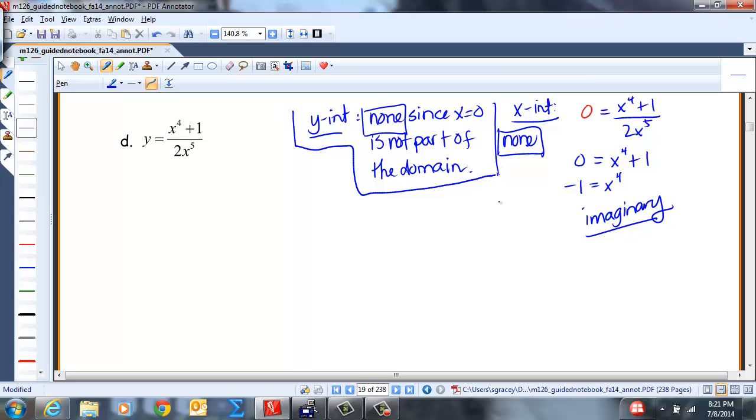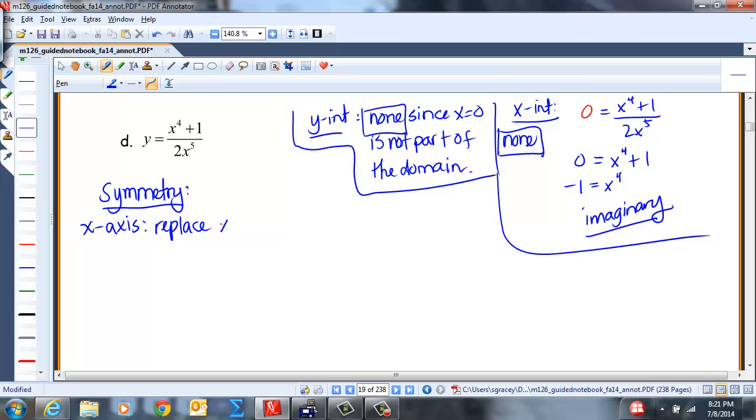Okay, so now let's test for symmetry. The x-axis, remember, we replace y with negative y, and see if we get the same thing. And we will not.